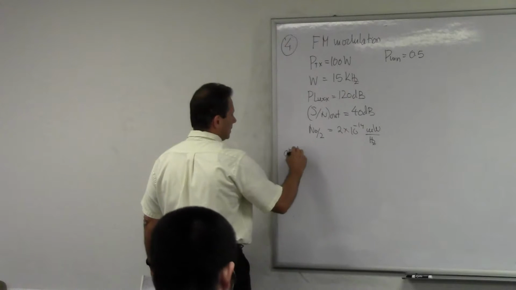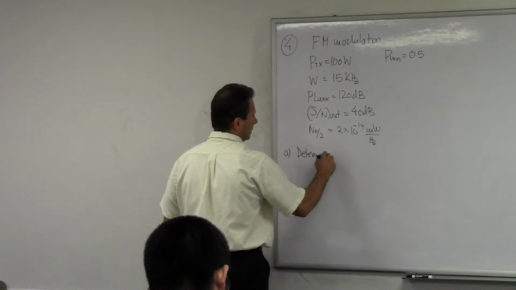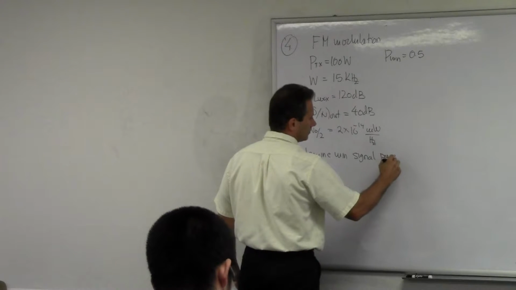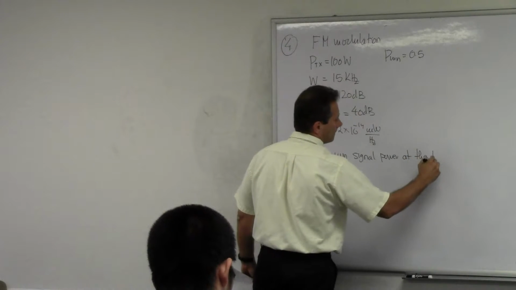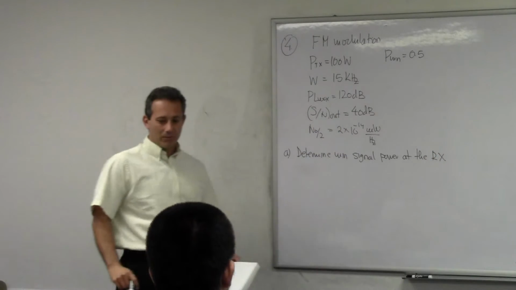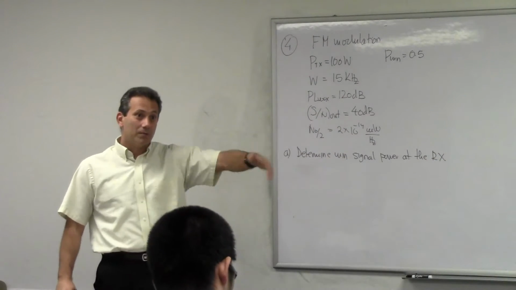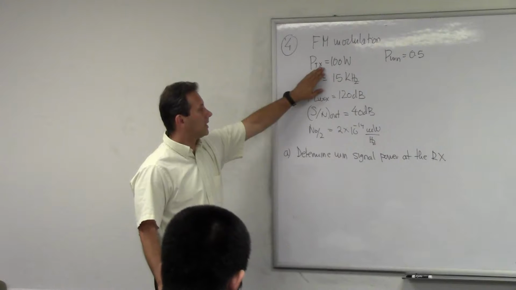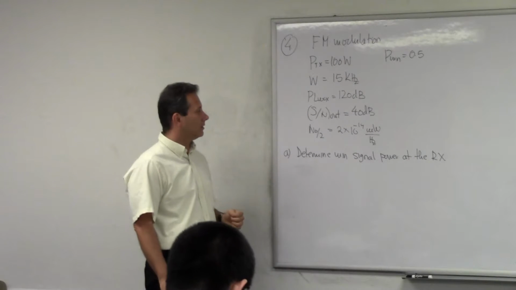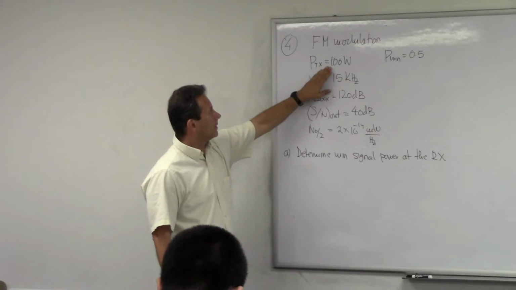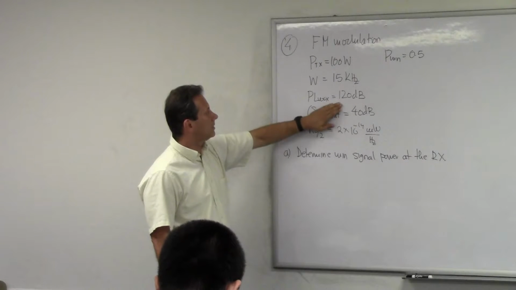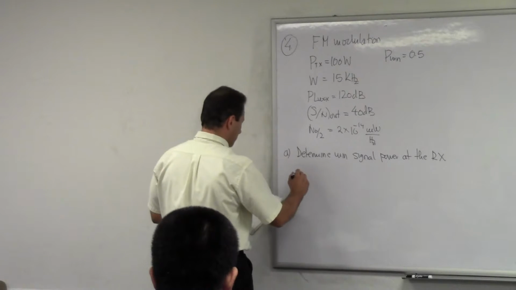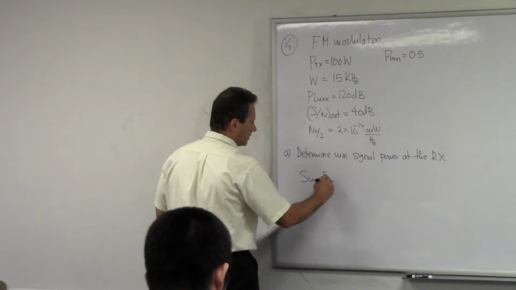Okay, so part A, determine the minimum signal power at the receiver. Usually, in all the problems I did so far, we worked from the receiver to the transmitter. Now I'm working the other way. So we have the transmitter power, and I'm trying to estimate how far we get. So if I have this transmit power and this is the loss, I can easily determine the minimum power at the receiver.